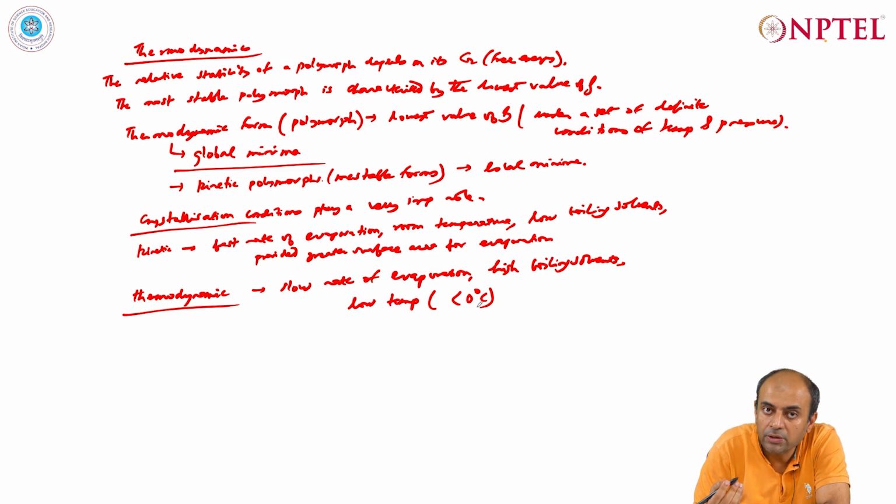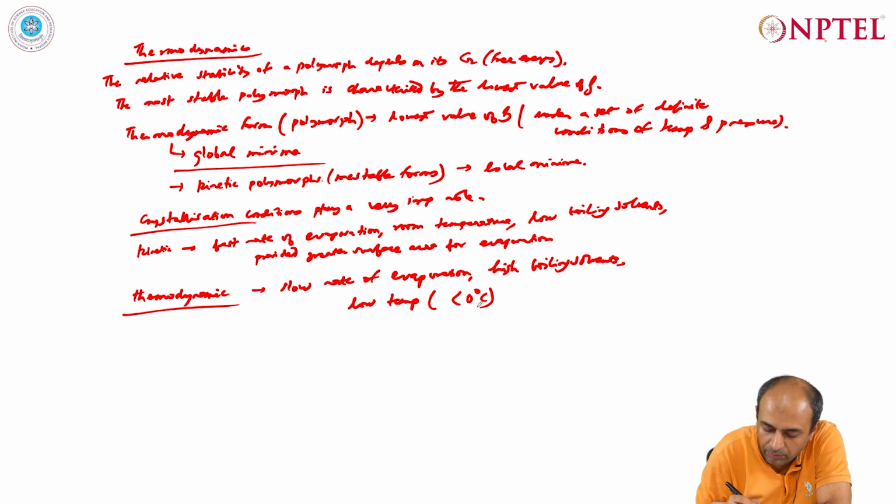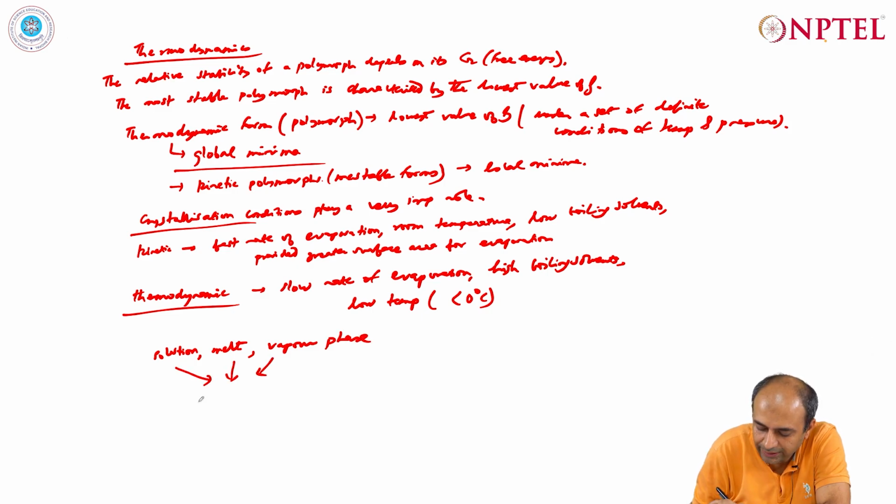It is also necessary to keep in mind that normally the formation of a solid state occurs by crystallization from either the solution, or the melt of the compound, or from the vapor phase. So, you can have a compound which is dissolved in a particular solvent; you evaporate the solvent, and you will get the solid phase.